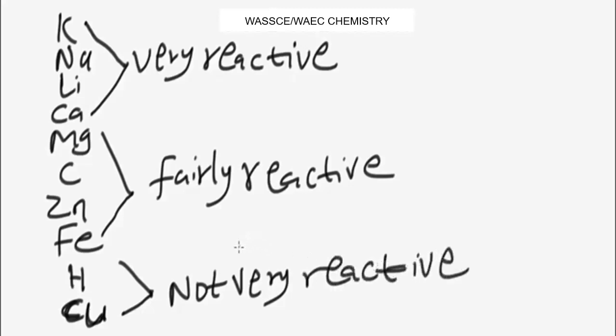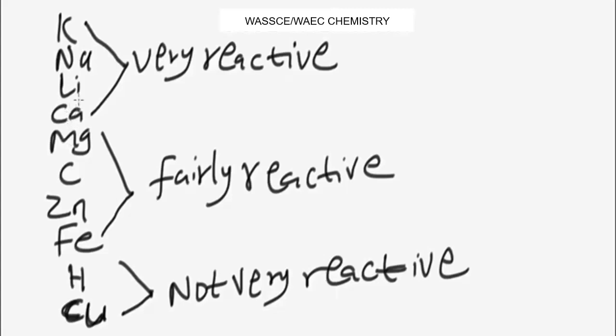So you just have to know this basic information for the reactivity series of metals with acids. In the reactivity series, potassium is the most reactive. The very reactive ones are potassium, sodium, lithium, and calcium, respectively.